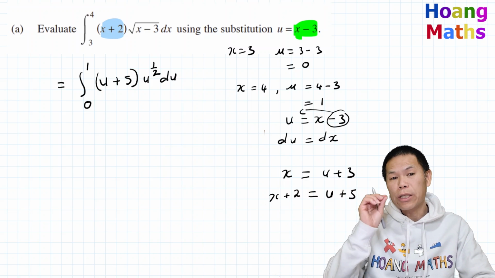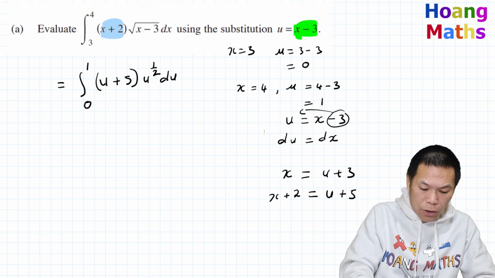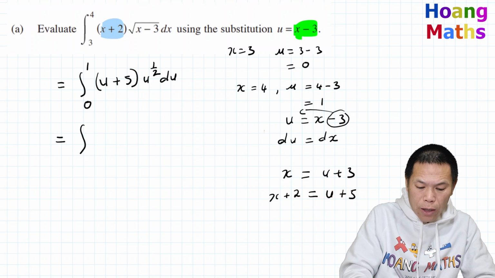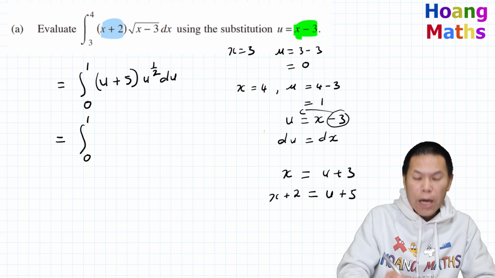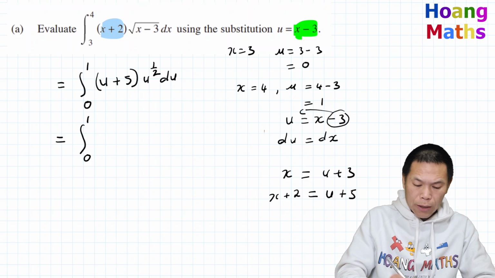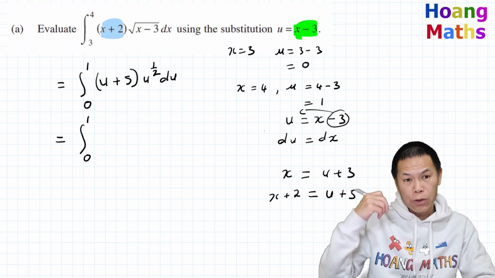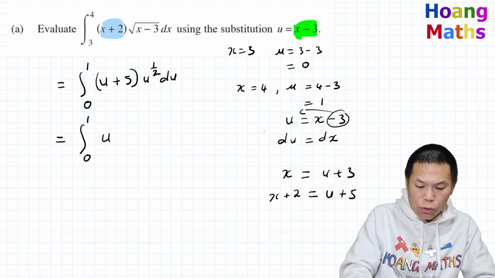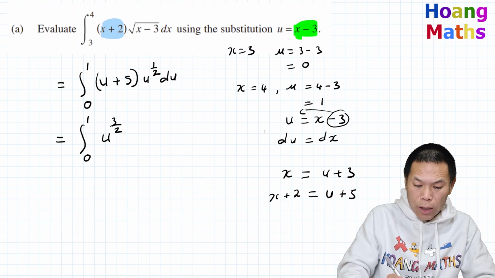Now I remove the bracket first. That gives me the integral from 0 to 1 of u times u power half, so 1 plus a half is 3 over 2, u power 3 over 2, plus 5 u power of a half, du.